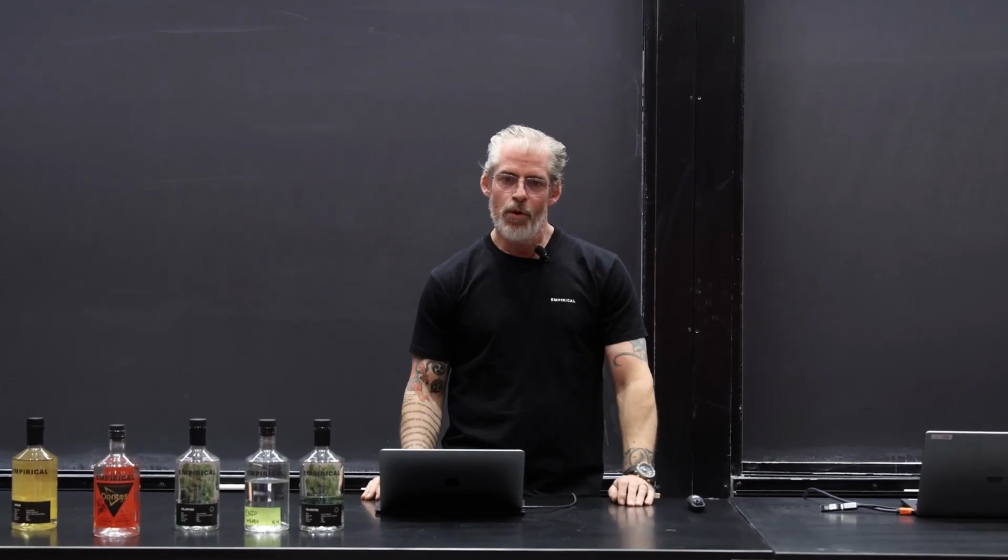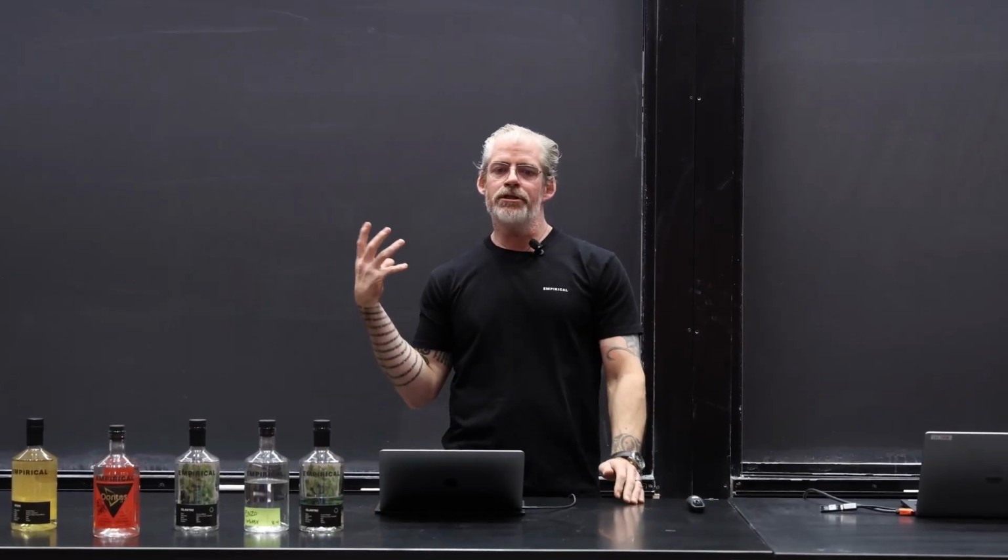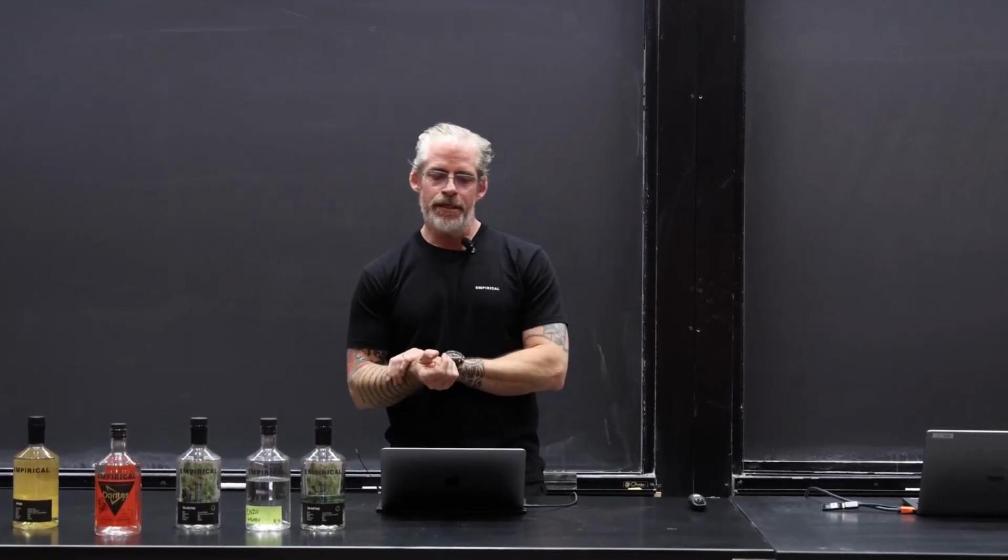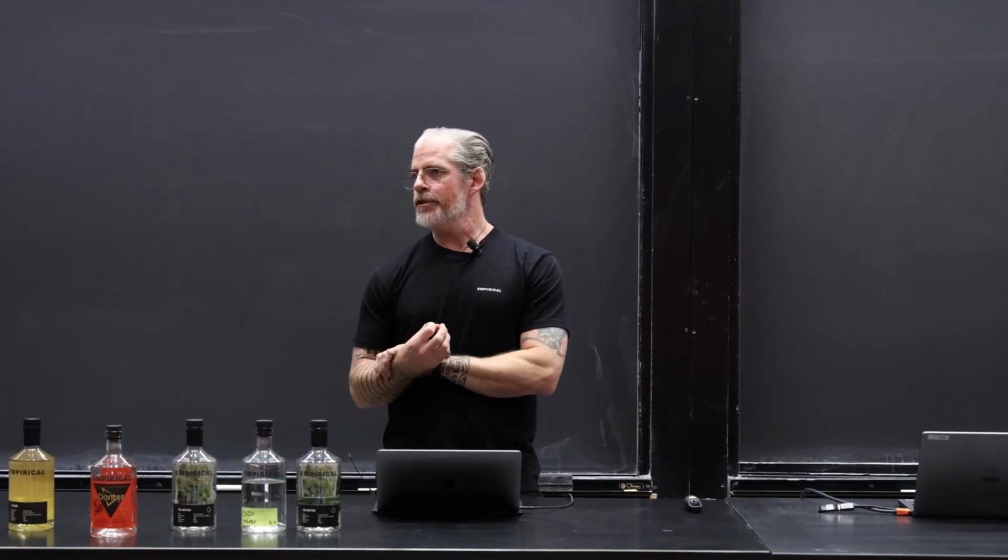But as a proof of concept, it didn't blow up, didn't implode either, but it was something that I knew I wanted to be able to use flavors in the same way that I use flavors in the kitchen.